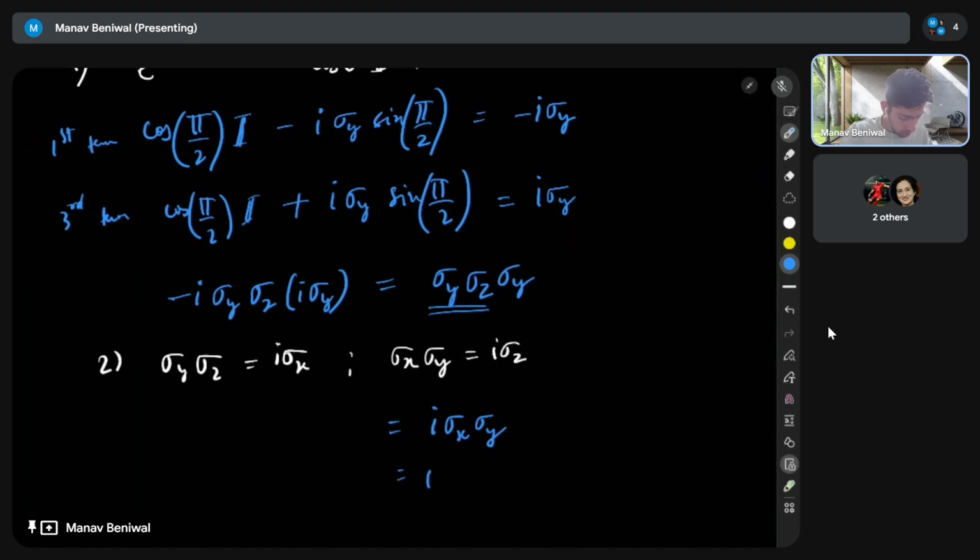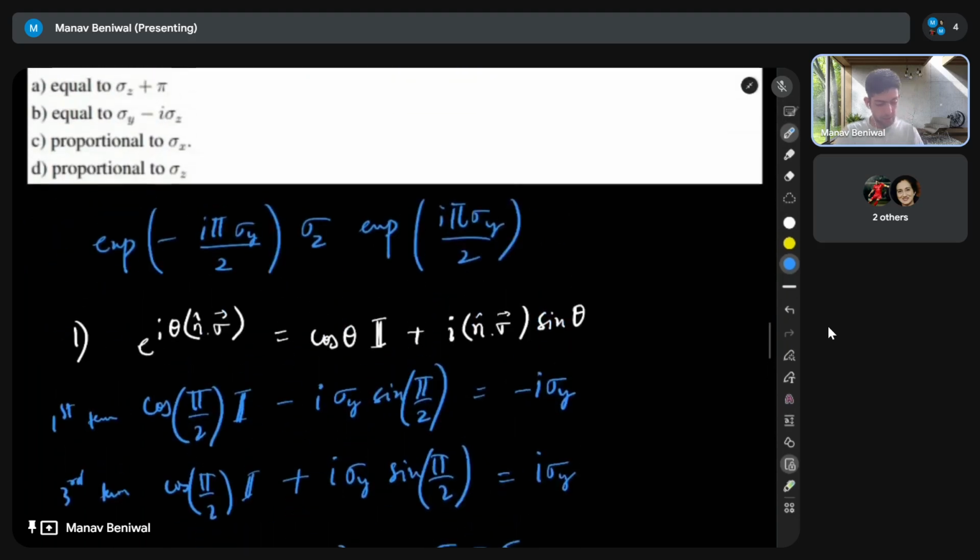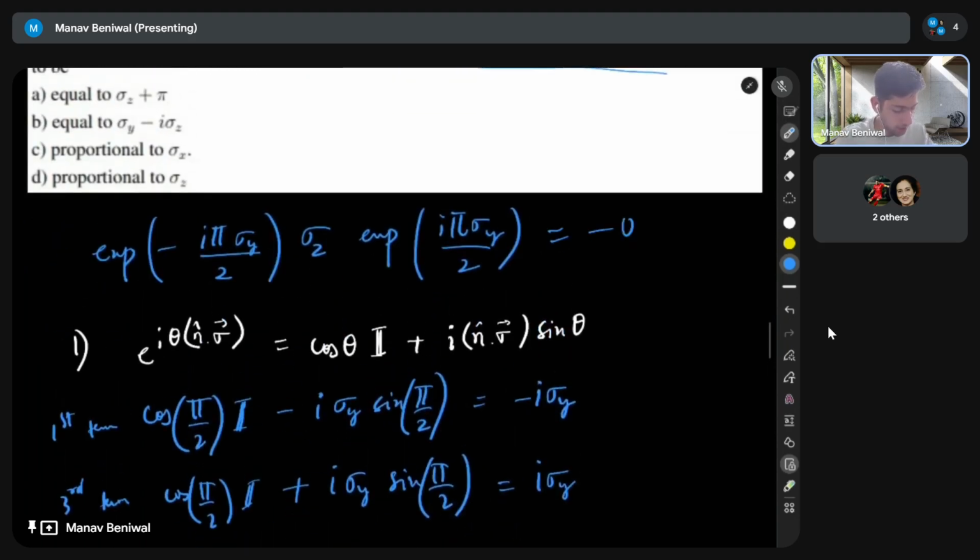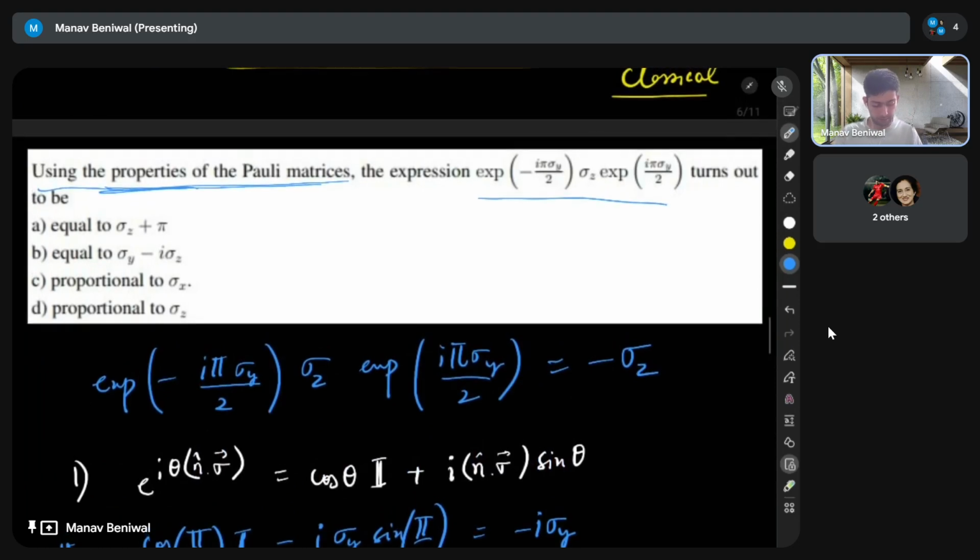So this then becomes iota squared sigma z or minus sigma z. So this entire thing becomes minus sigma z. Therefore, option D.